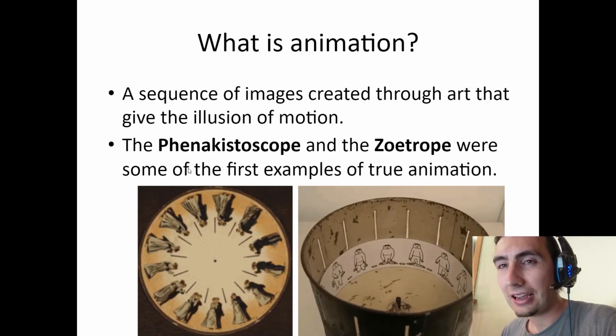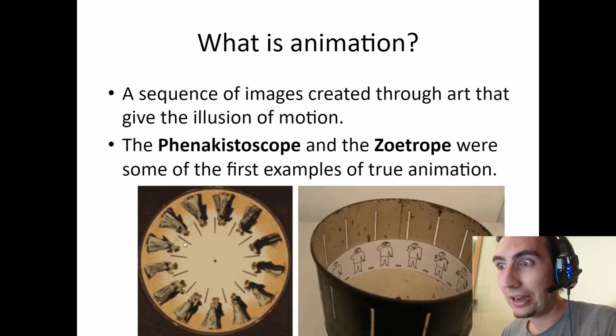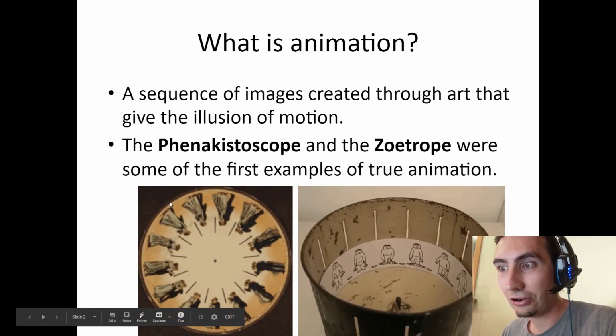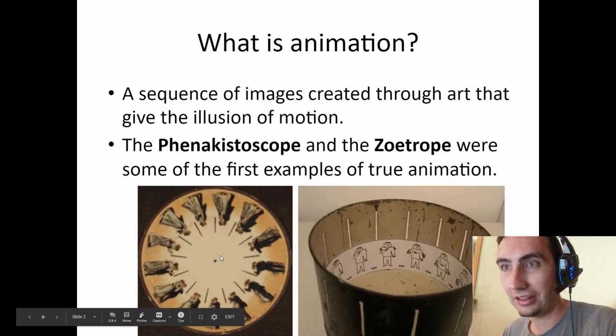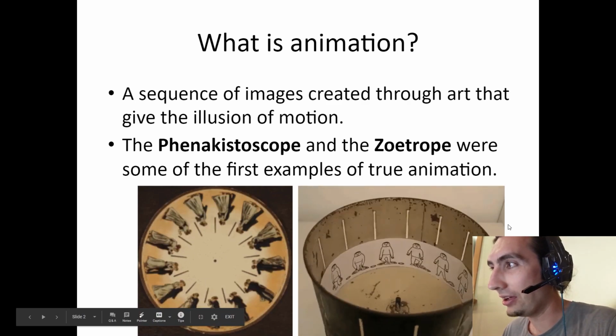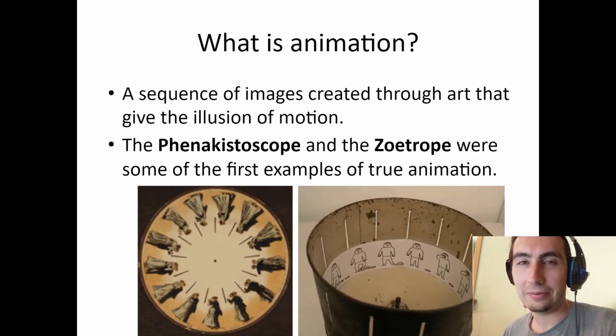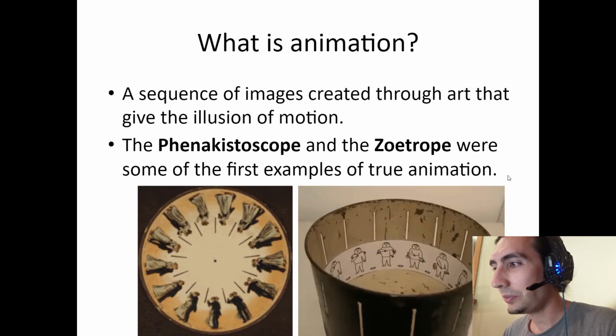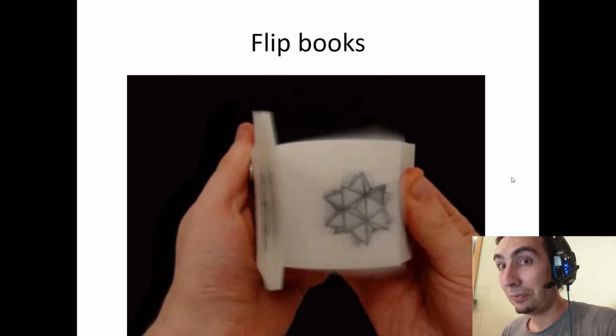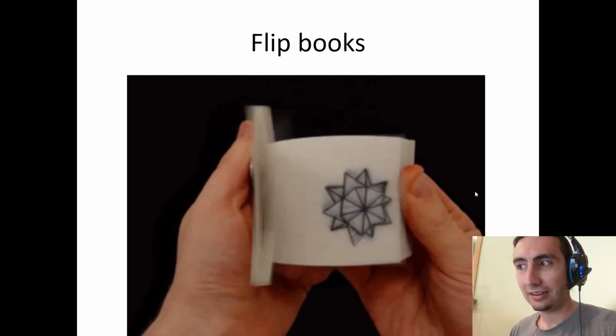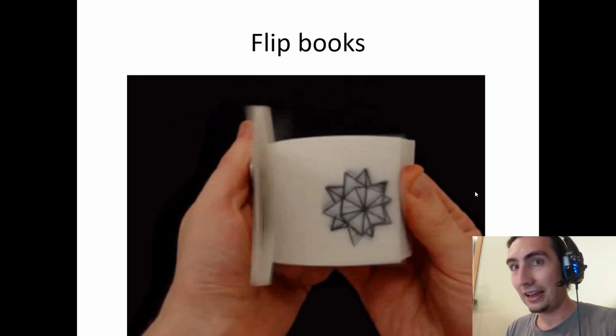Some of the first types of animation ever made were the phenakistoscope, this circle on the left, and the zoetrope. They were some of the very first, most basic kinds of animation ever made. Same with flip books. Flip books also have just a series of images.